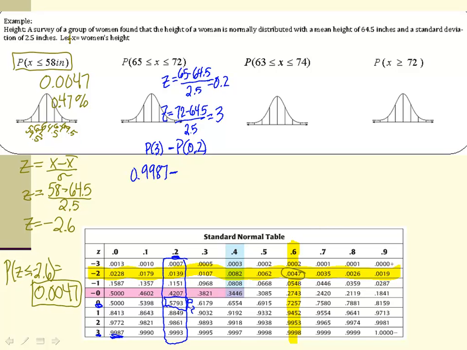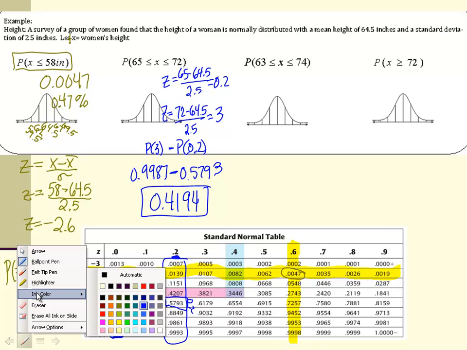So minus 0.5793. And if you subtract those, you get this. So that's our probability of our value being greater than 65 and less than 72.